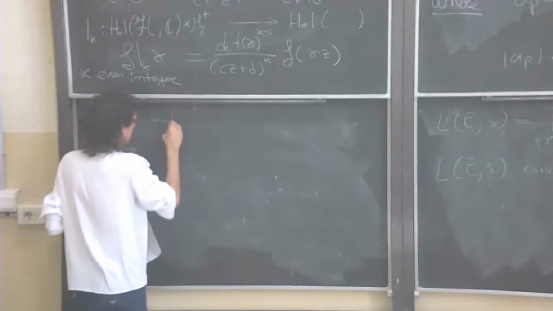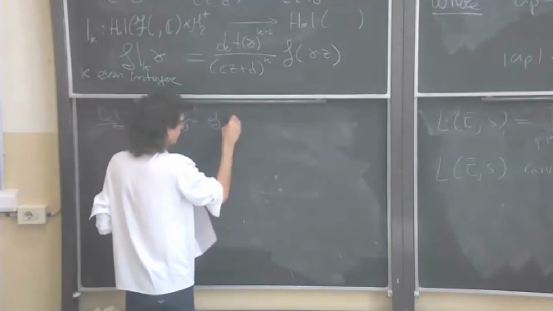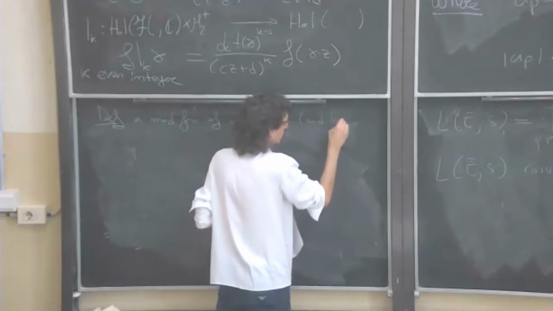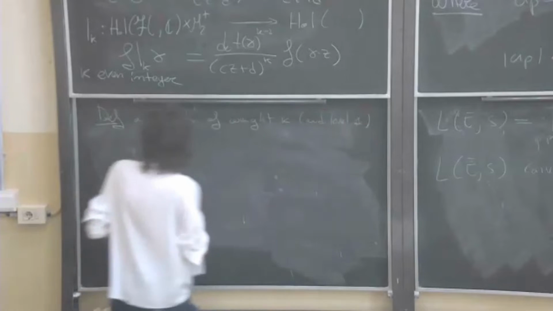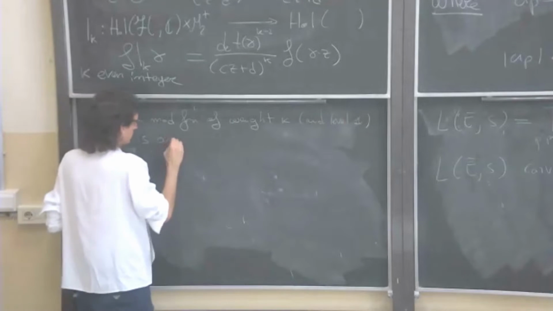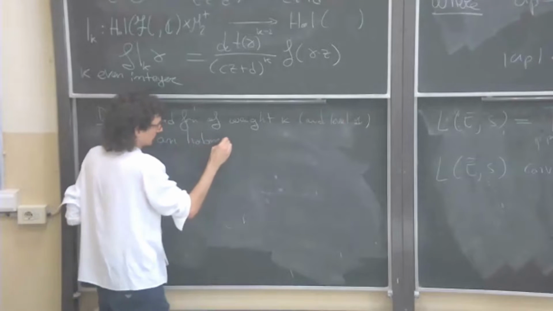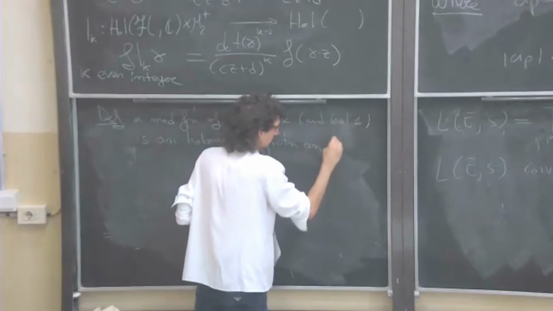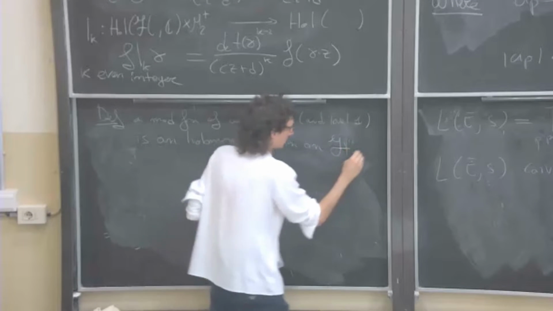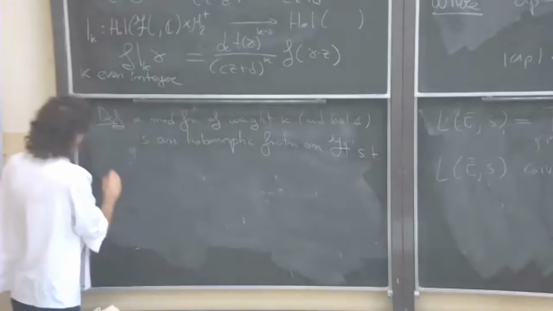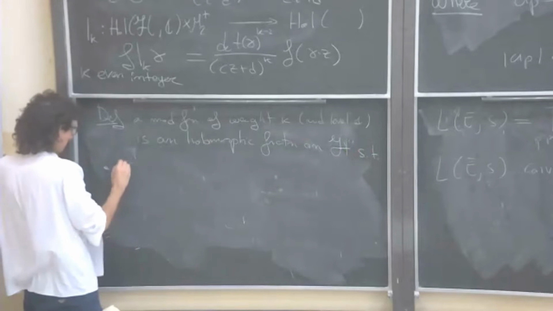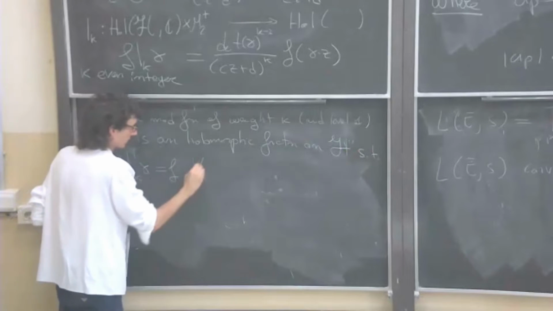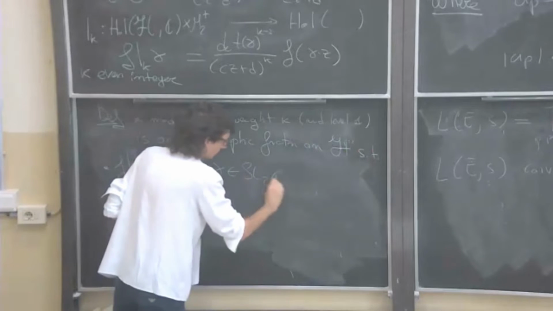A modular form of weight k and level 1 is a holomorphic function on H such that, one, f slash k gamma equals f for all gamma in SL2(Z).